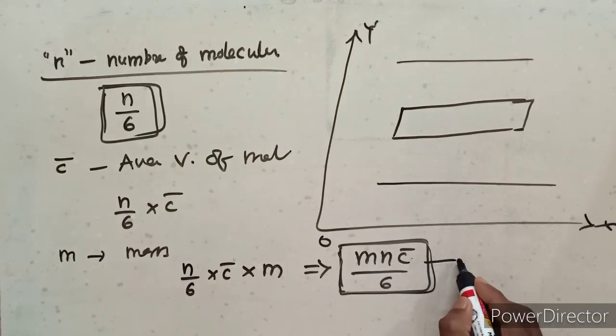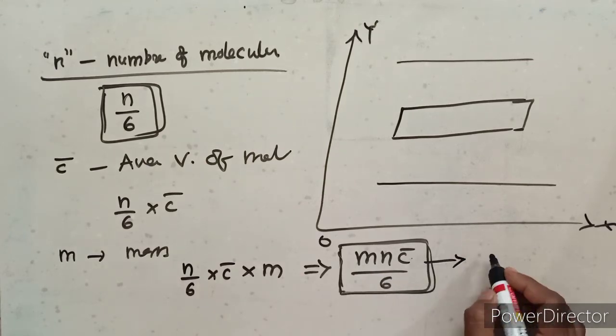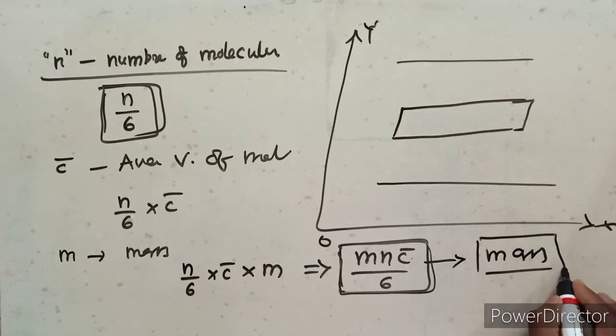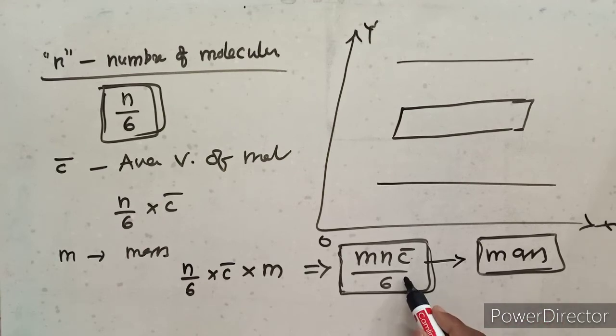So this expression equals the physical quantity of mass, the total mass. Already we know that mass is m n c bar upon 6.